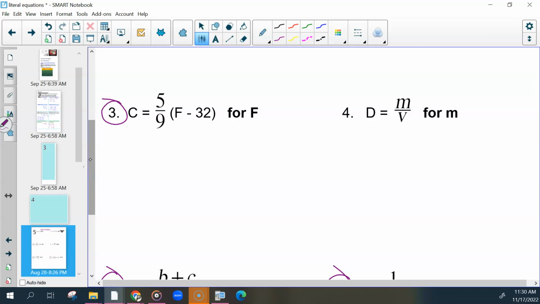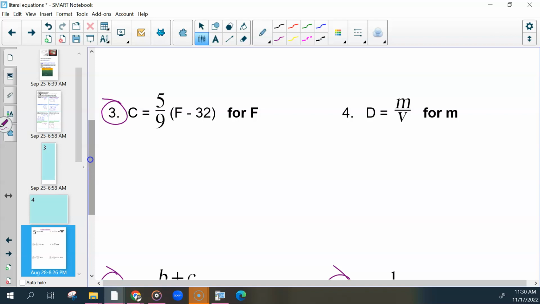We are trying to solve or get what by itself? F. So here, the F is inside parentheses. We need to somehow get it out. We could do that. However, if we distributed, we'd end up with 5/9 F. We'd have some weird fraction here that we'd have to deal with.